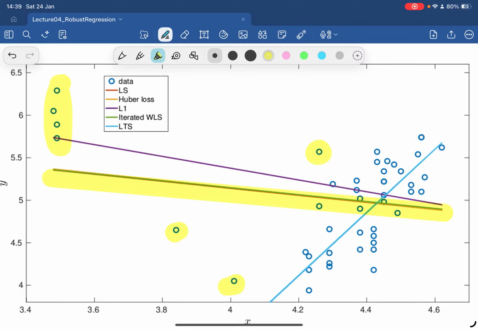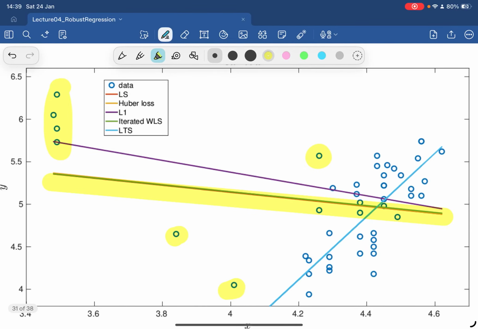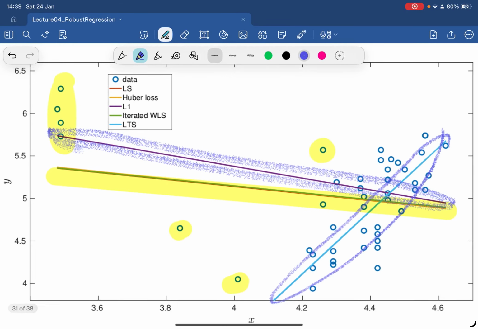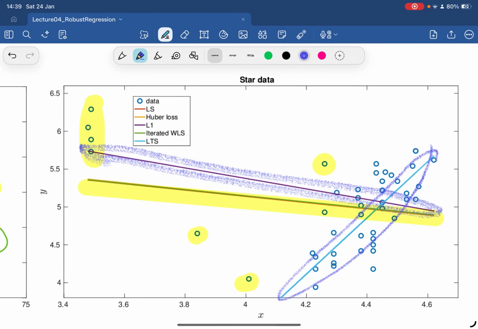But anyway, the methods that outstandingly give you different results are the LTS and the L1. But I think L1 is not working properly here because this point is an outlier and it's kind of dragged up.